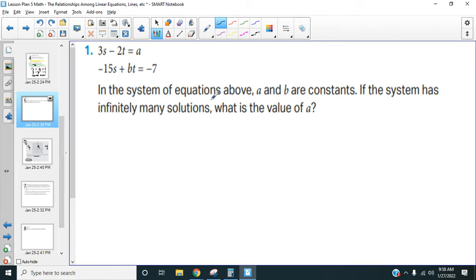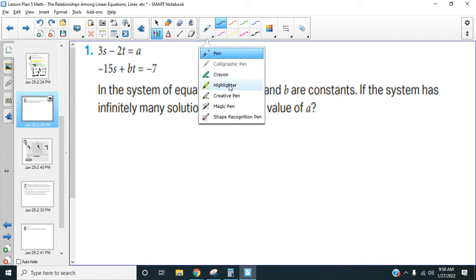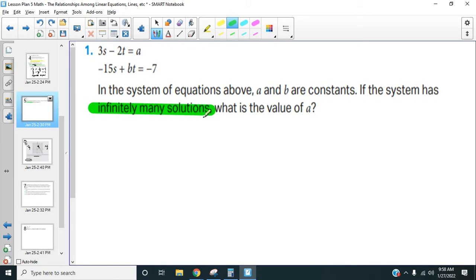All right, in the system of equations above, A and B are constants. That's that guy and that guy. They're numbers that are just numbers. They're not variables. If the system has infinitely many solutions, then what would be the value of A? All right, so one of the things we've seen this before, right? What does that mean?